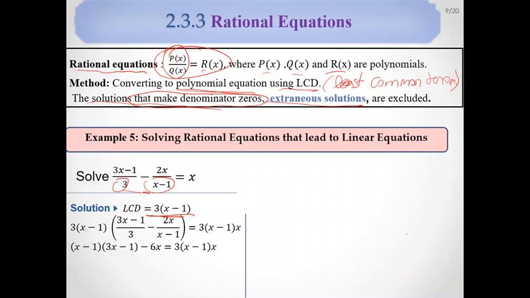We have to be careful about the multiplication here, and here on this side. Then we will end up with 3x squared minus x minus 3x, that will make negative 4x, and then plus 1, minus 6 is equal to 3x squared minus 3x.